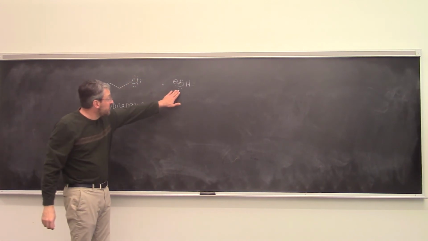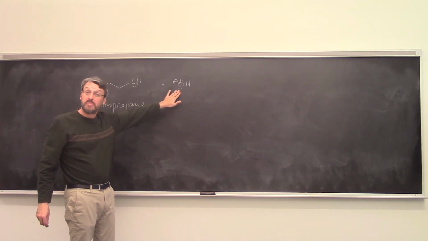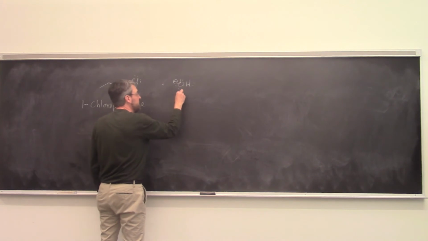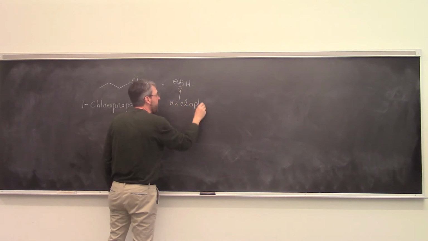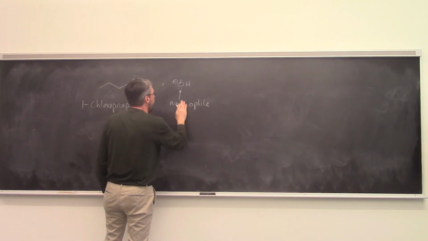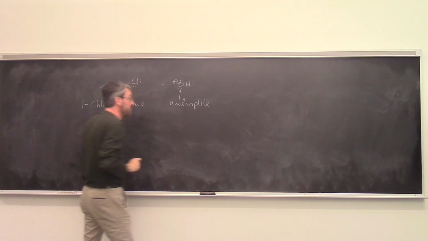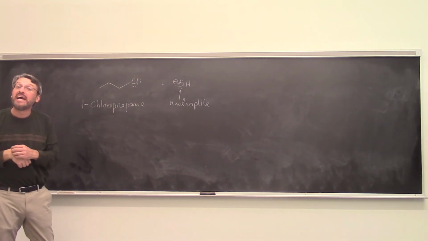Now, this clearly is a Bronsted base, but it's also a Lewis base, a nucleophile. Okay, so this is our nucleophile. Now the question is, where is my electrophile?